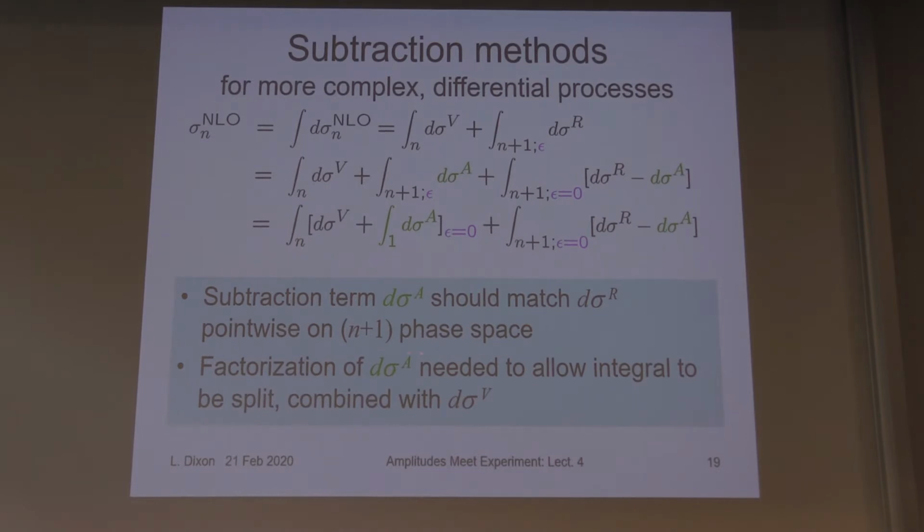In some cases at NNLO, people have had subtraction terms that don't really match pointwise, and then you have to be more careful how you choose your phase space points to make sure that the integration converges. But that's a little subtlety. And then the factorization of the differential cross-section allows you to split the integral and rewrite it, leaving behind an n-body integral over the same phase space as the virtual terms.